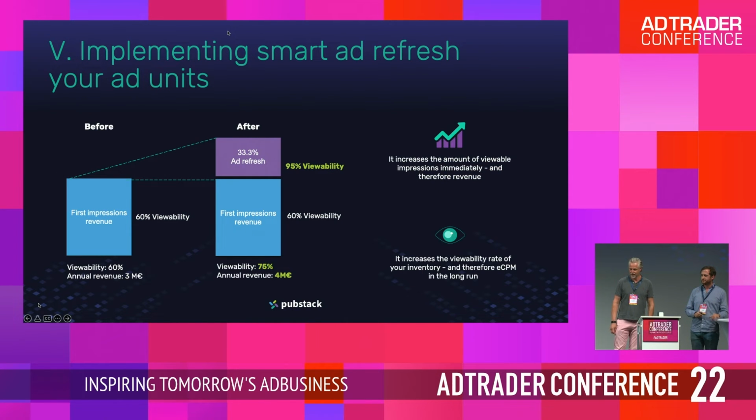So number 5: what we saw on many tests with publishers is that the best way to do ad refresh is to do smart ad refresh on your ad units. And what does smart mean? As we see it, smart needs to be, as also heard before, refresh only if the ad is viewable.